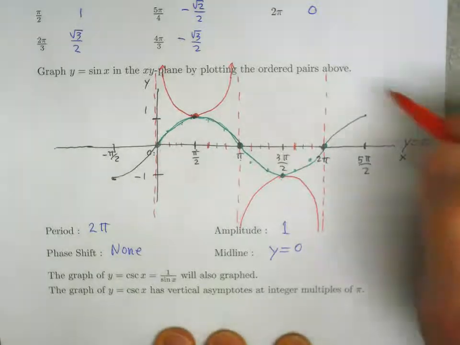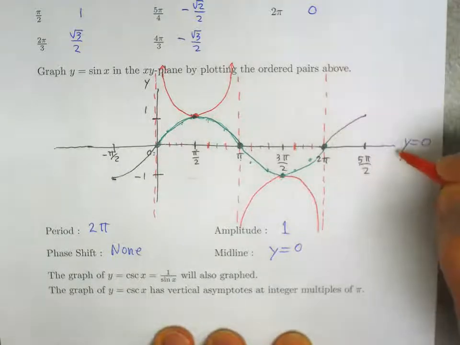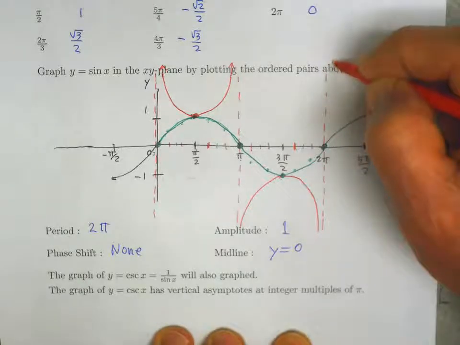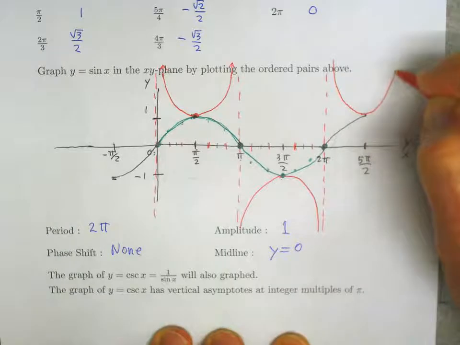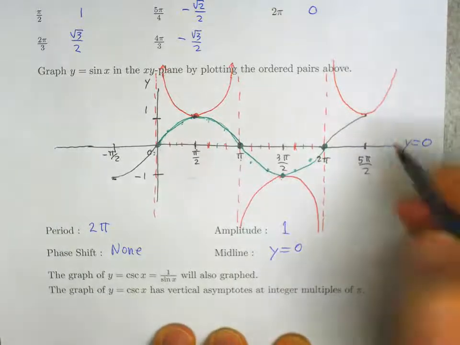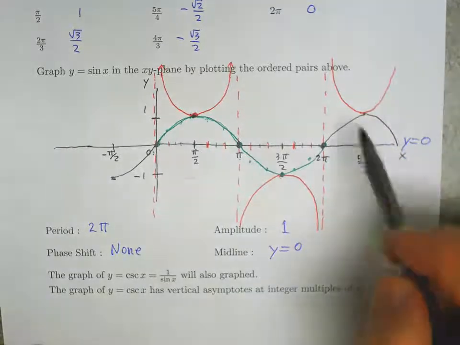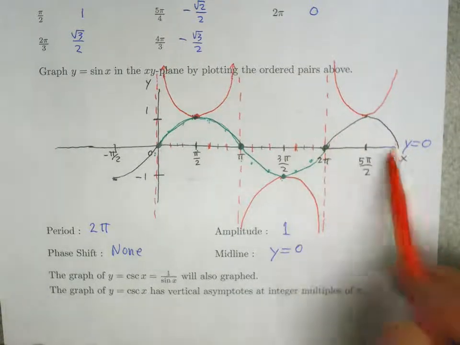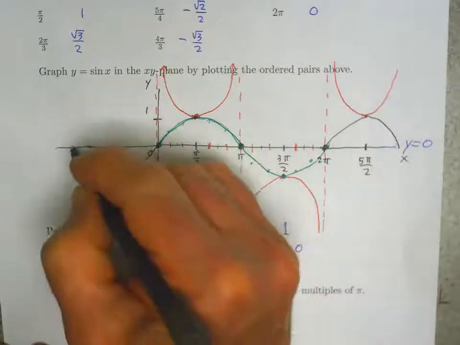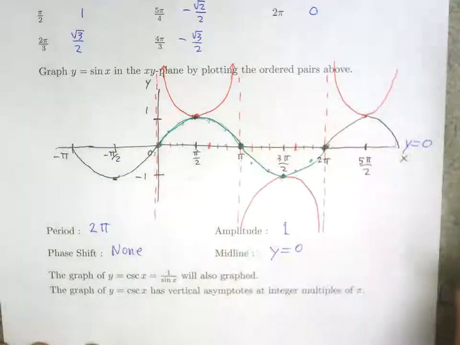And we have some partial graphs over here, partial periods. So in this interval, the graph would look something like this. If I were to complete one more portion of the sine, same with this over here if we go to negative pi.